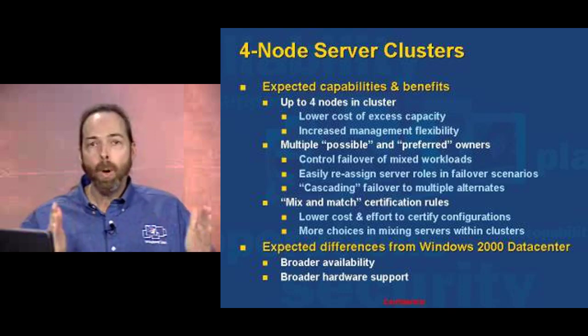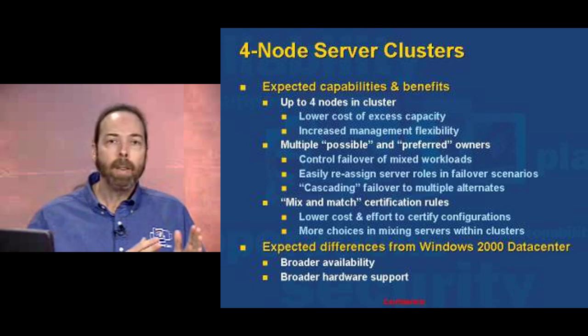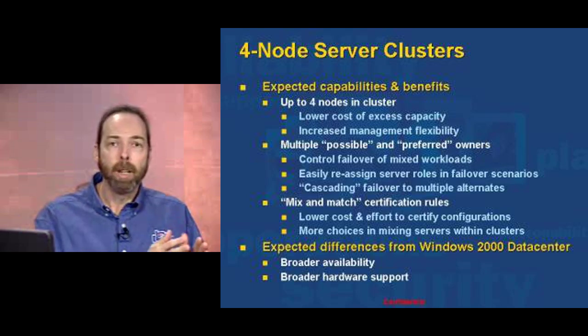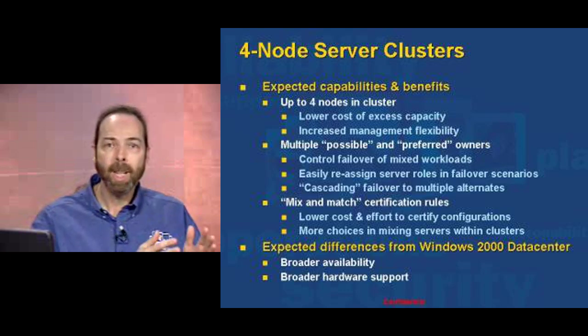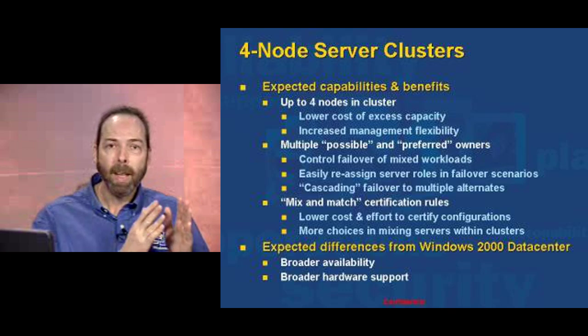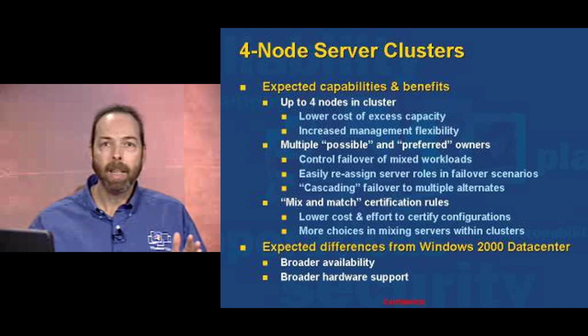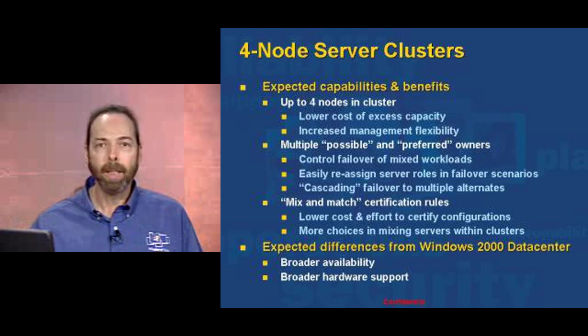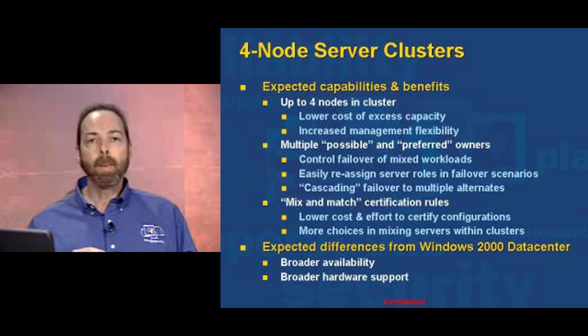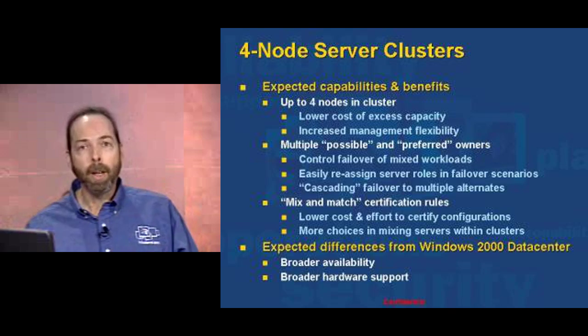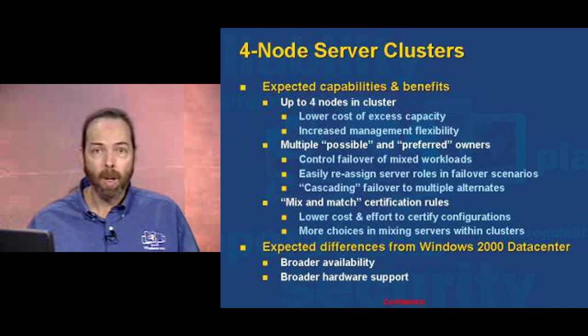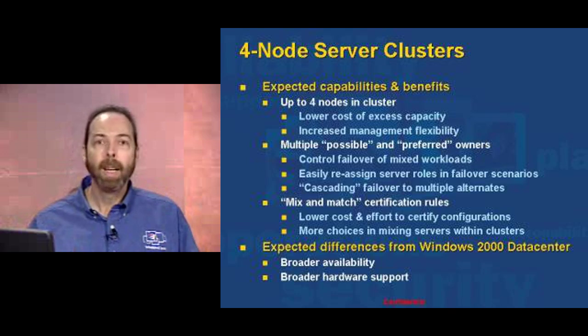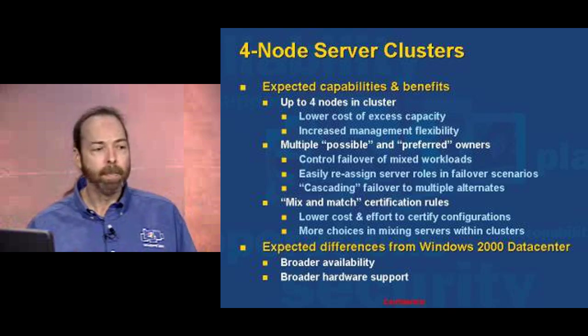But with a 4-node cluster, if you've got, for example, independent file shares on one of these servers, or more than one SQL database, or an Exchange and SQL together, and you want to take that server offline, you can move each one of those applications to a different server in the other 3 that are still online. And so this gives you some flexibility to move workload around, to balance workloads, and to rebalance workloads in the case that you're doing maintenance and moving servers on and offline.